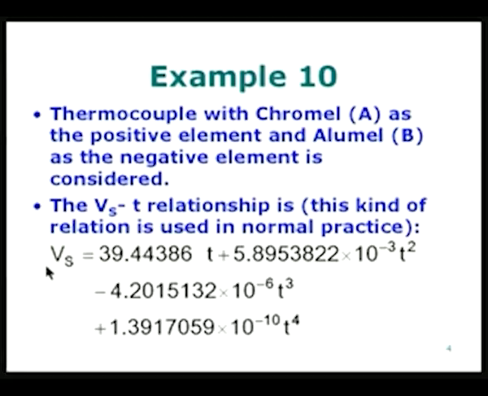This is one way of representing the information. There are two ways in which we are going to use the information, either in the table form, in the form of the plot, or in the form of a polynomial.